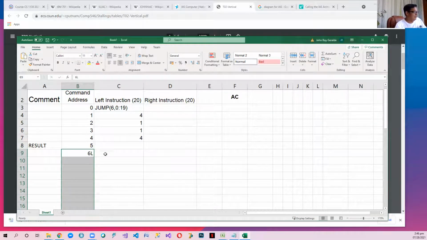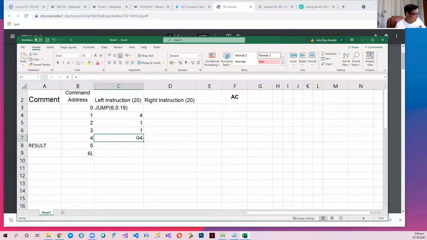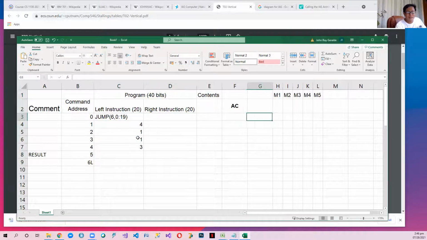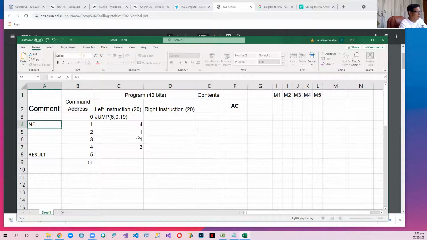Sorry, mamaya na lang natin save, no? So the first is AC receives M1. Kasi 4 ito eh. Dapat 3 ito. Okay. This is our decrement. What's the use of this? This is our multiplier, no? This is our multiplier. Next multiplier.